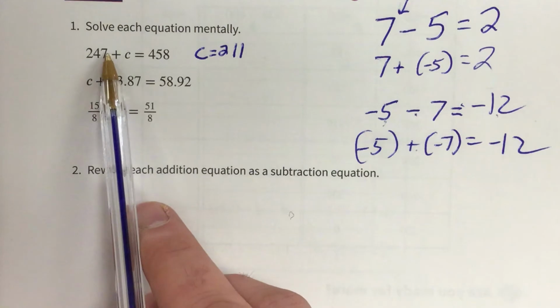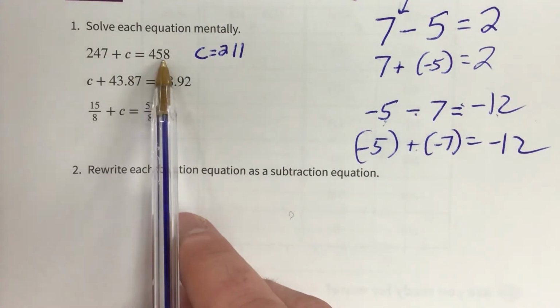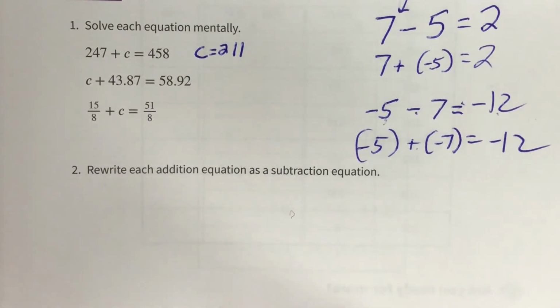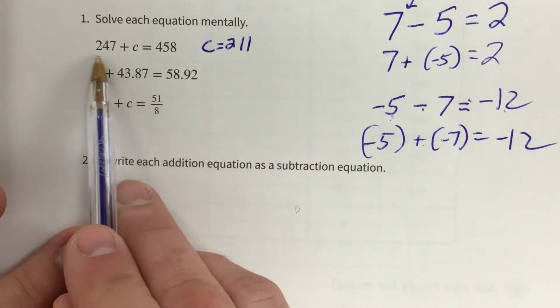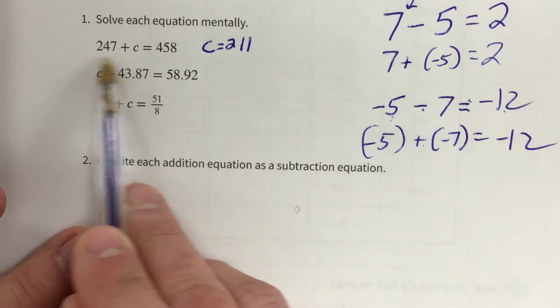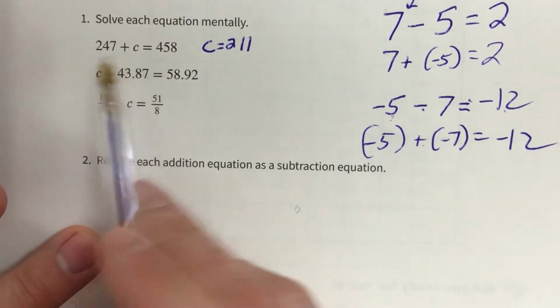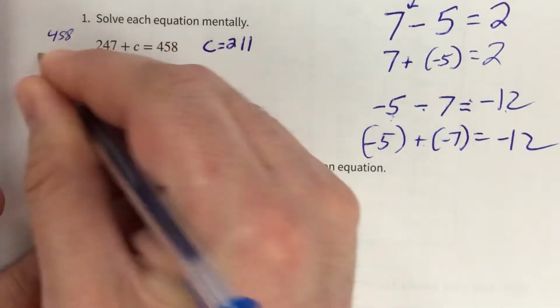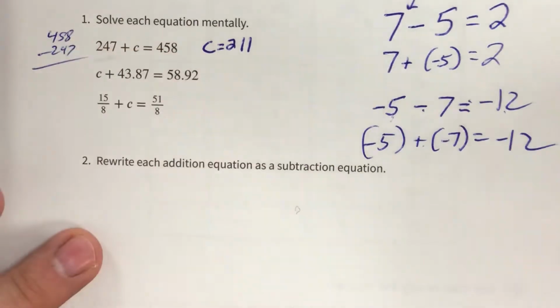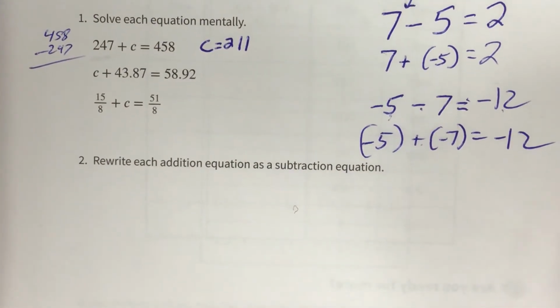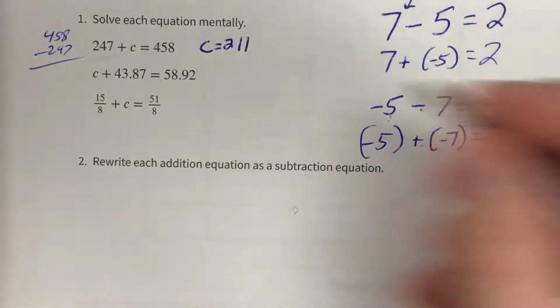All right, so you added 1, added 2 to get 458. I'd agree with that. Another way you could think of it, what is the opposite of a positive 247 here? Subtract, right? 458 minus 247.